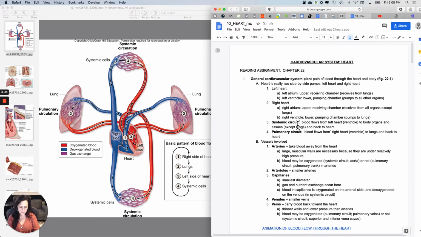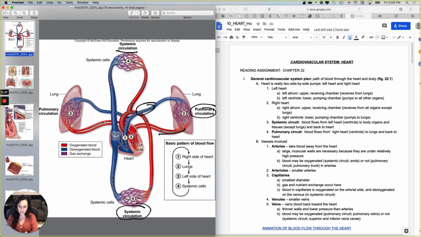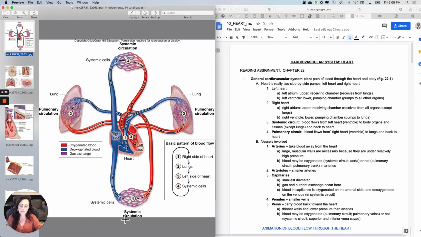So this is systemic circulation that you see right here. This is also part of systemic circulation up here. And then the other circuit is delivering deoxygenated blood here to the lungs and then back to the heart. That's called pulmonary circulation. So there's two different circuits in the heart.